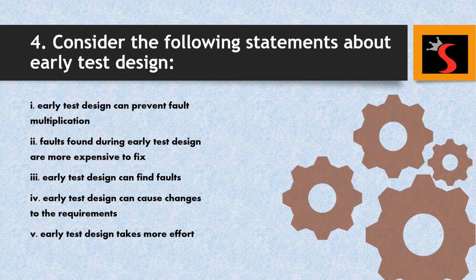Consider the following statements about early test design. First, early test design can prevent fault multiplication. Second, faults found during early test design are more expensive to fix. Third, early test design can find faults. Fourth, early test design can cause changes to the requirements. Fifth, early test design takes more effort. And the options are A. First, third and fourth are true. 2 and 5 are false.